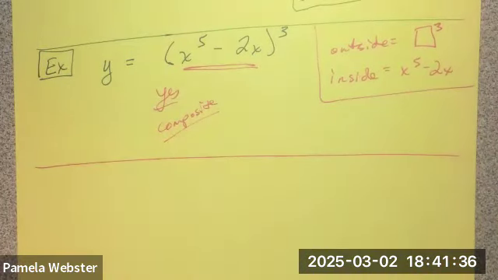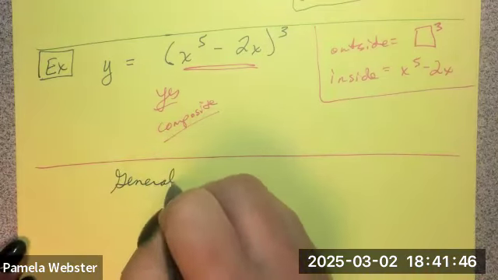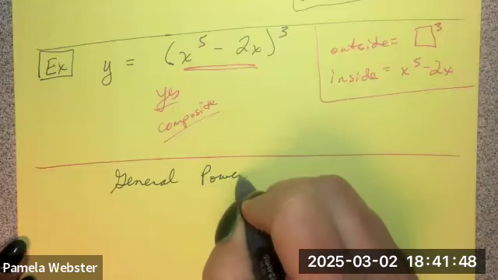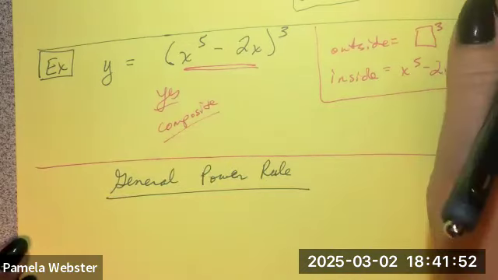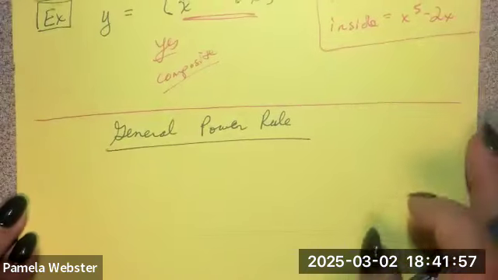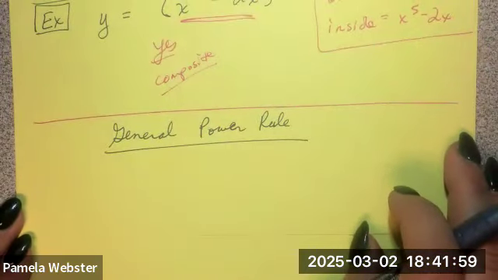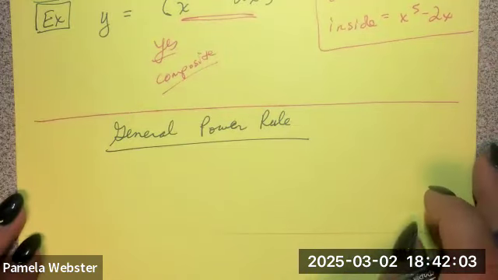All right, so let me just throw at you this general power rule that we haven't seen yet. It's going to look a lot like what you've already done, but there's one extra little added step. And if you've been following along and all the other sections on taking the derivative have been pretty straightforward, you're going to ace this. Don't worry about it. It's going to be good.